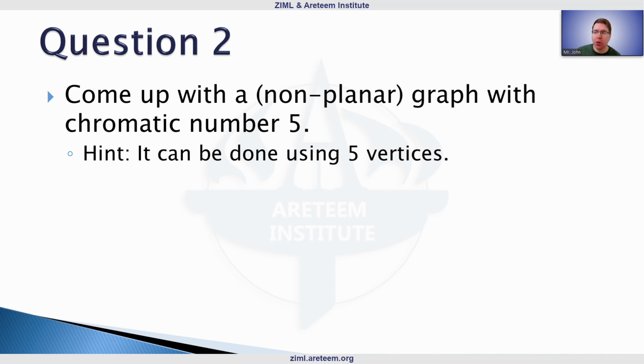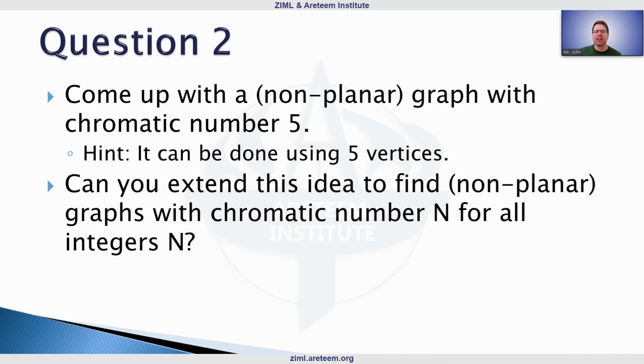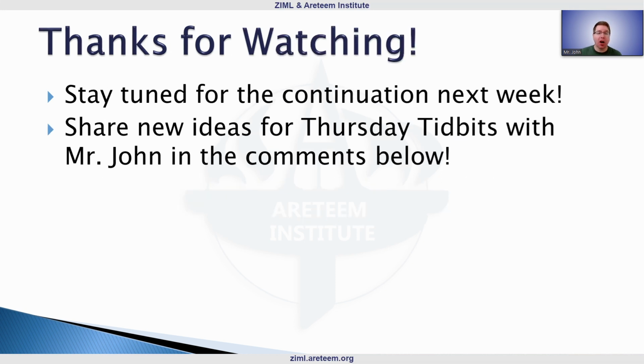You can do it with 5 vertices. And if you think about this a little bit more, your idea possibly for 5 vertices, I would say it's pretty likely that that same idea can be used to find graphs with chromatic number 6 or 7, however big you want. Now, we will talk about this more next week, so stay tuned.